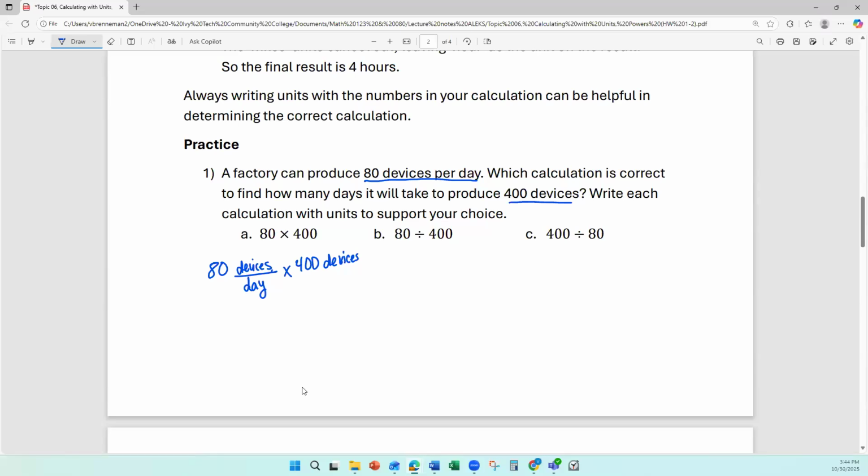The unit resulting from devices per day times devices would be square devices per day, which is as nonsense as it hopefully sounds to you. So that is no good. We're not looking for square devices per day.